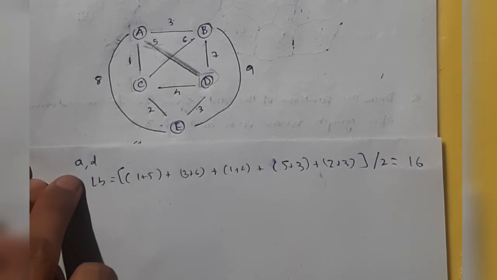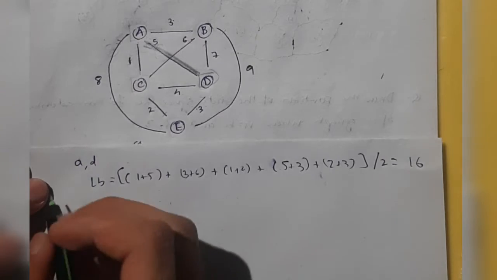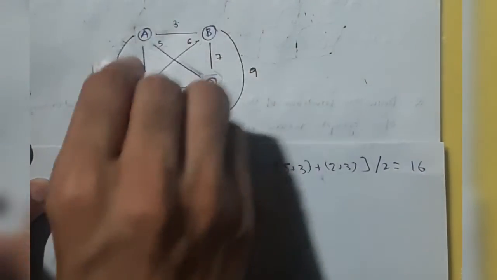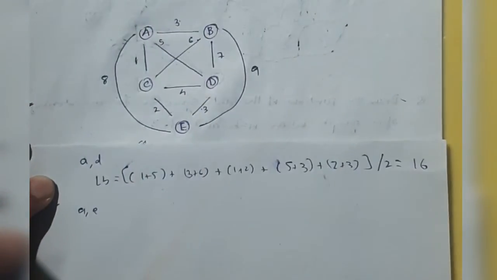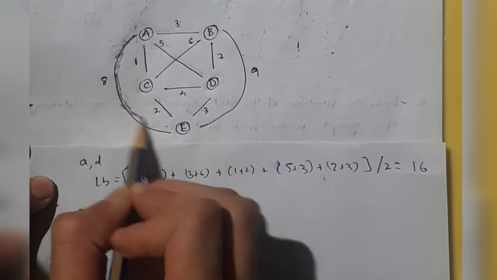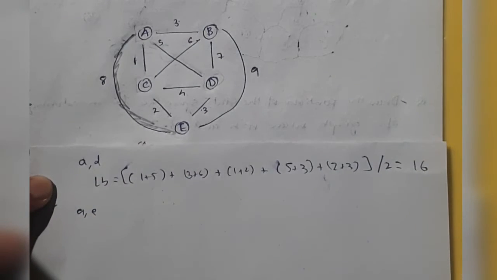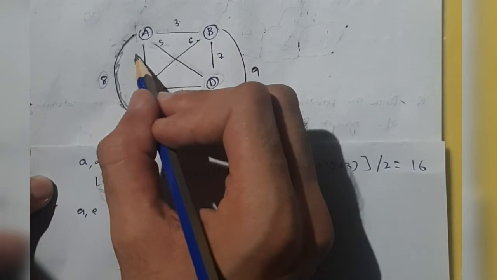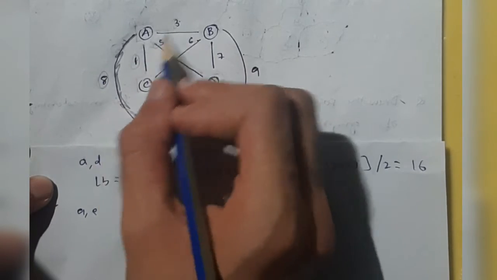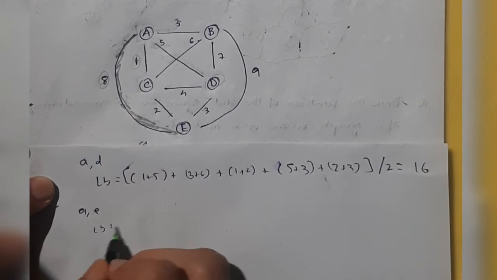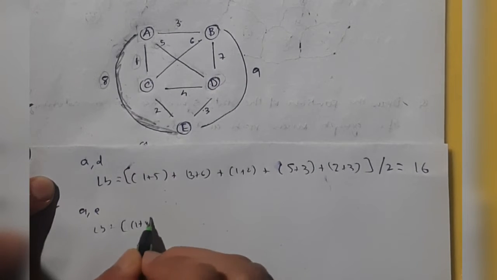Now since we got from A to D, let's find out about A to E. This is the last one from the source vertex A. This one will be selected. Then from A, what all options we have? From A this is selected, so we have to choose the least among 1, 5 and 3. The least is 1, so these two are selected. We'll be writing LB is equal to 1 plus 8.